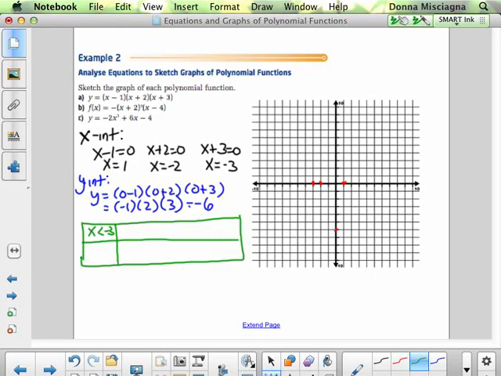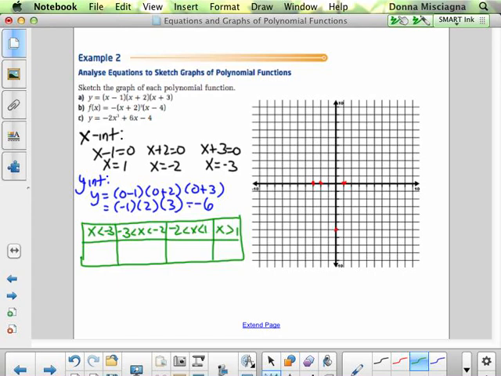We need where x is between negative 3 and negative 2, and then where x is between negative 2 and 1, and then where x is greater than 1.